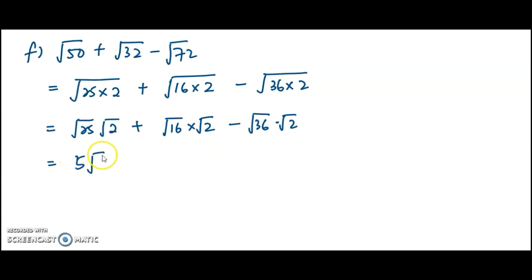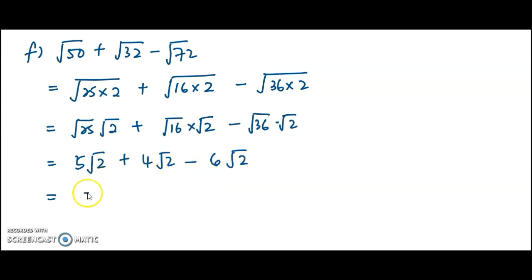That is 5 multiplied by surd 2. And surd of 16 is 4 surd 2, minus the surd of 36, which is 6 surd 2. Okay, so now you can see this as 5 apple plus 4 apple minus 6 apple, because you got the surd 2 for all these three terms.